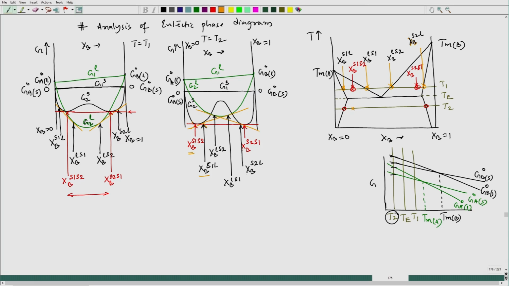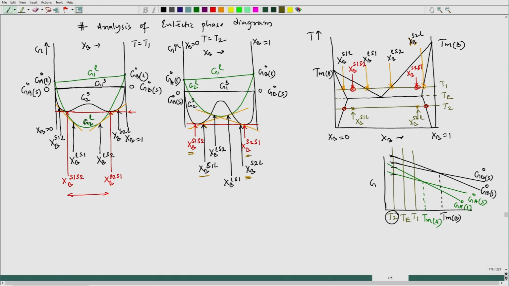Now, the one which is coming left of this place, this composition is here, this is Xb S1 liquid, this is Xb S2 liquid.